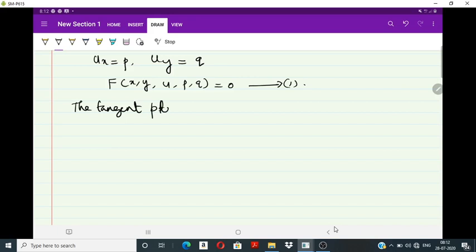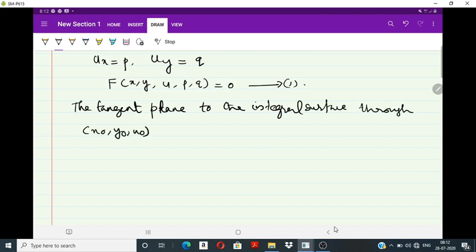The integral surface is u equal to u of x, y. The equation of the tangent plane to the integral surface through the point x naught, y naught, u naught is given as p into x minus x naught plus q into y minus y naught is equal to u minus u naught.